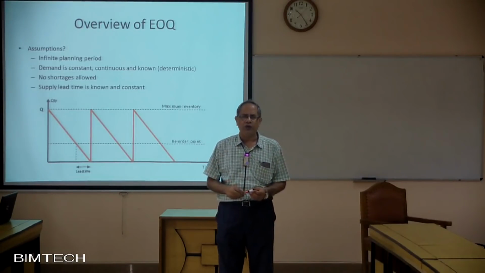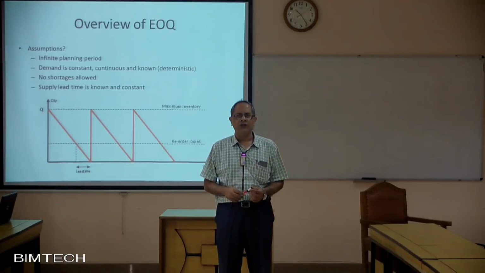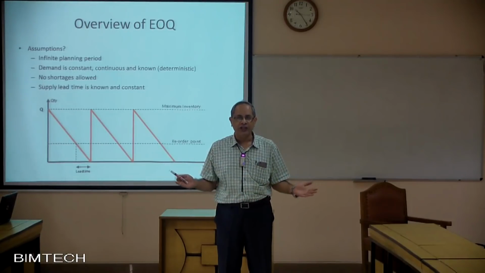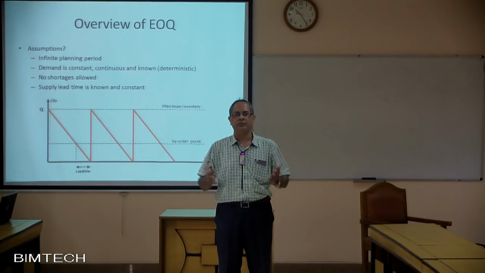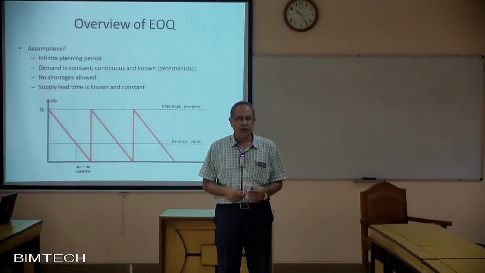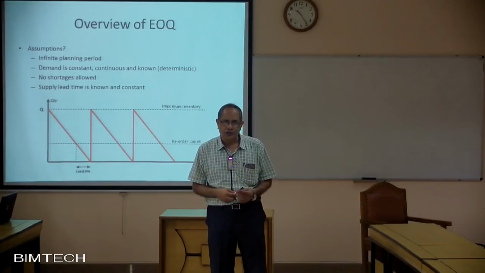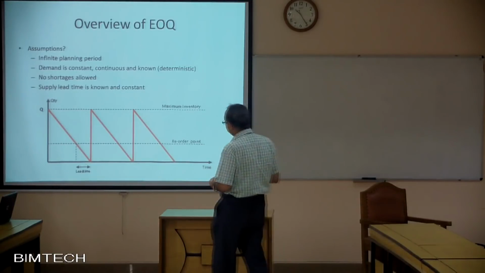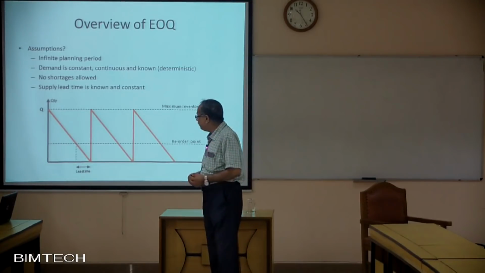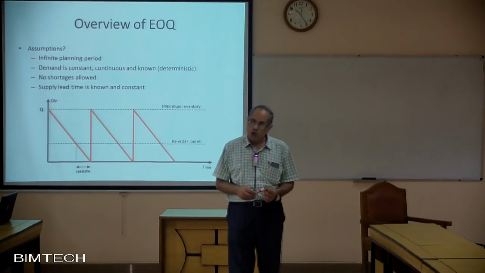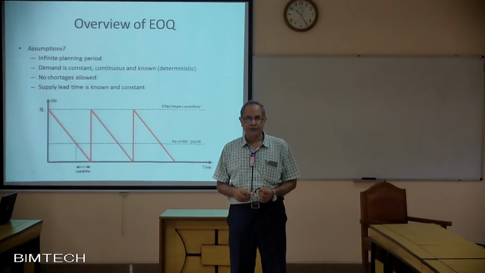And why should they be allowed, you might think, because if I know exactly what the demand is, and there are no uncertainties actually, then I would supply exactly what the demand is, and there would not be any kind of stock out or shortages. So that is something that we have assumed here. And the final thing that we are saying is that the supply lead time is known and constant.